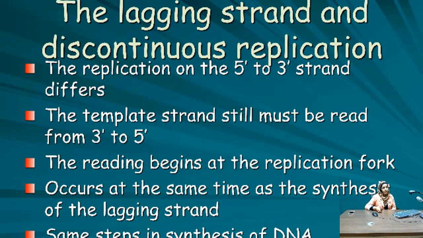The lagging strand and the discontinuous replication: the replication on the 5' to 3' strand differs. The template strand must still be read from 3' to 5'. The reading begins at the replication fork and occurs at the same time as the synthesis of the lagging strand.